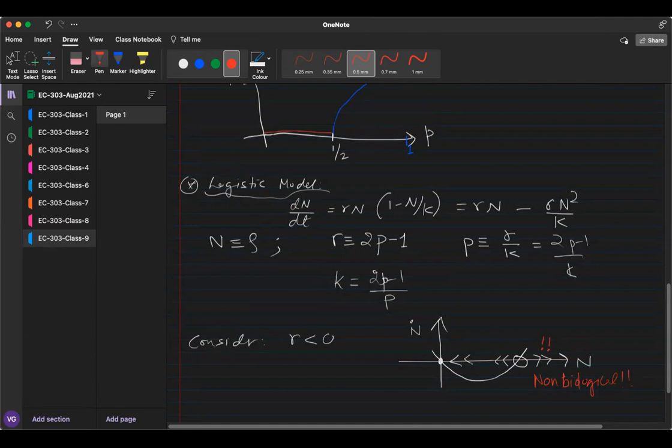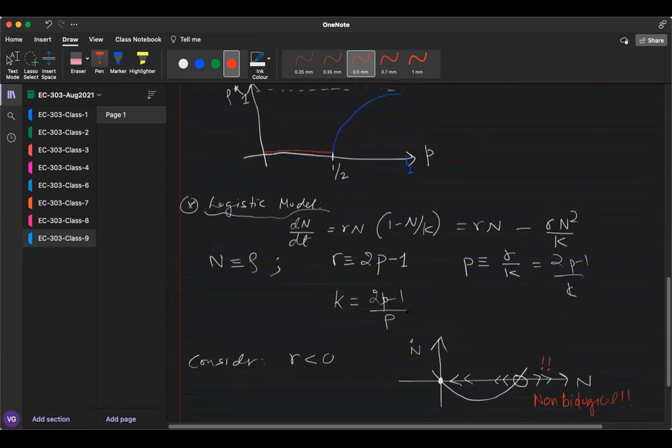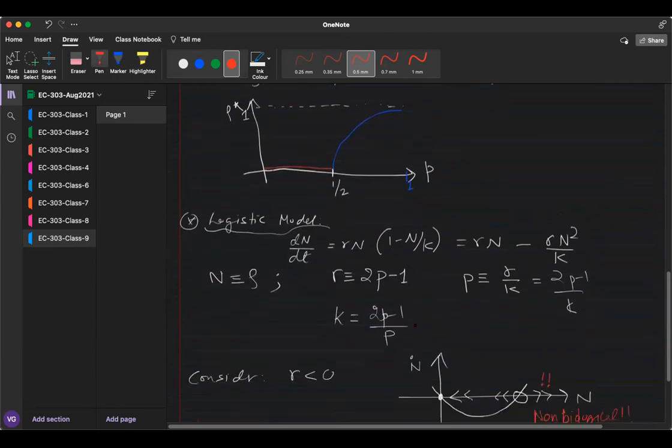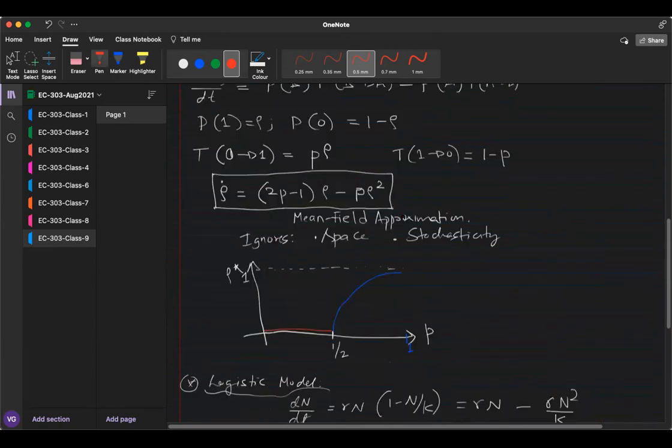Whereas that problem doesn't happen at all with this system, because rho itself is defined as the proportion of filled sites on a landscape, you cannot make rho greater than 1.